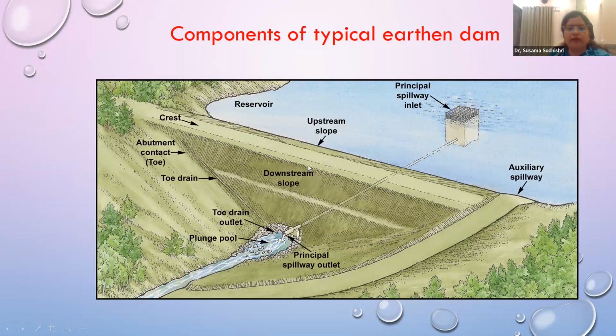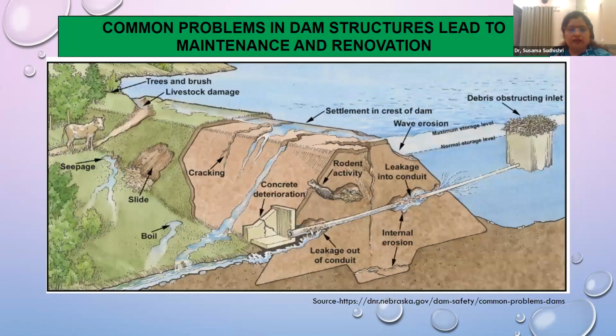There are also the upstream slope and downstream slope. We have to look into all these things when doing the design. But the main reasons of failure are what we have to look into and discuss, and how to tackle those problems. That is the main thing I will emphasize here.